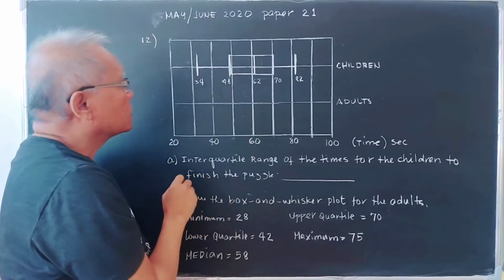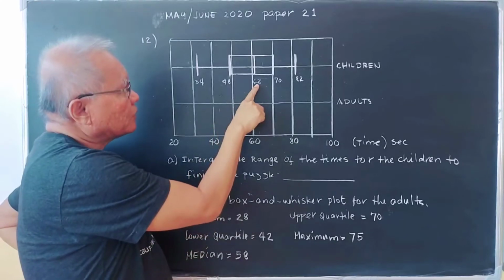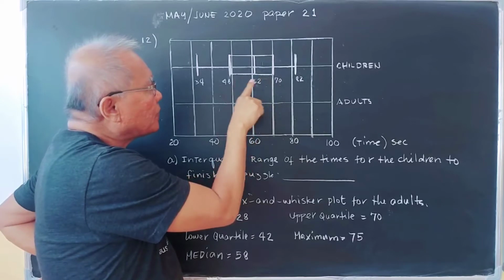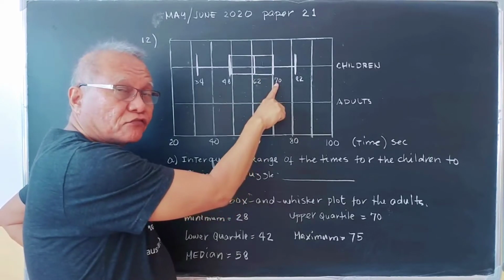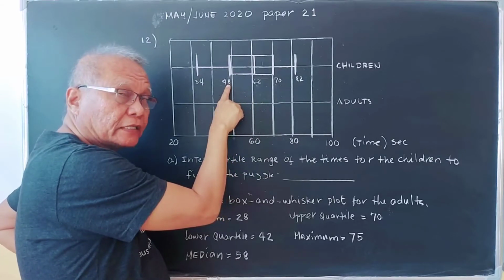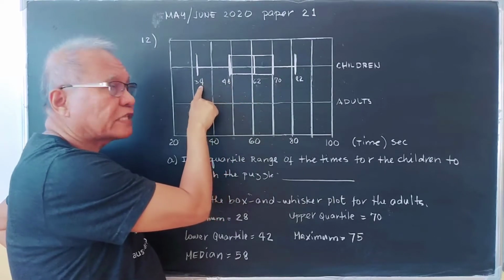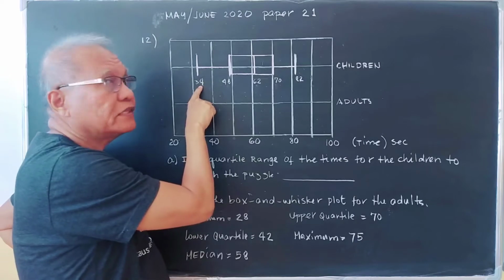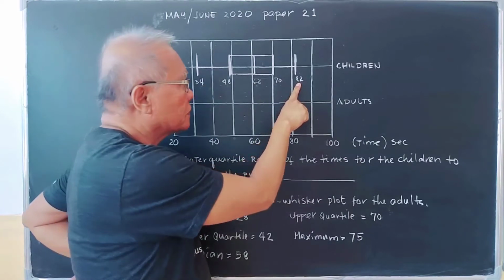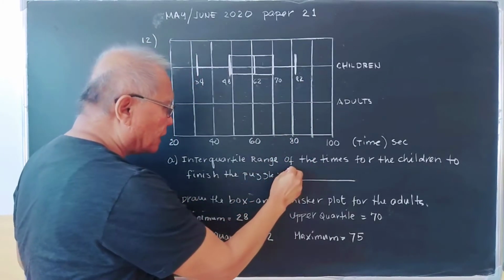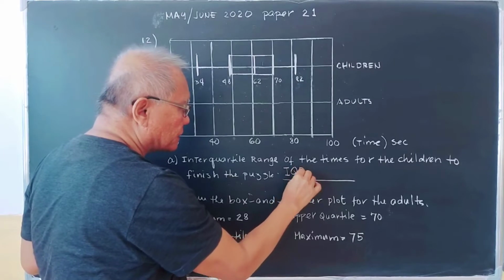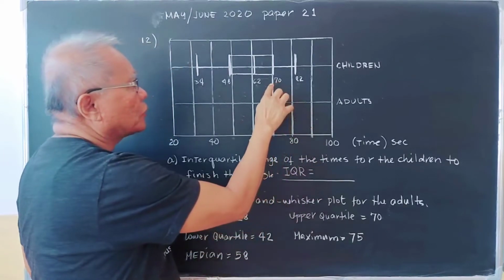Here we know that the median is 62, the upper quartile is 70, the lower quartile is 48, the minimum time is 34, and the maximum time is 82 seconds. To get the interquartile range, it is equal to the upper quartile, 70, minus the lower quartile, which is 48.